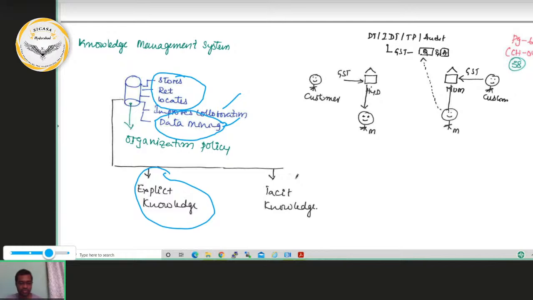So what do you mean by internal data? Internal data is nothing but the data which is generated within an organization.